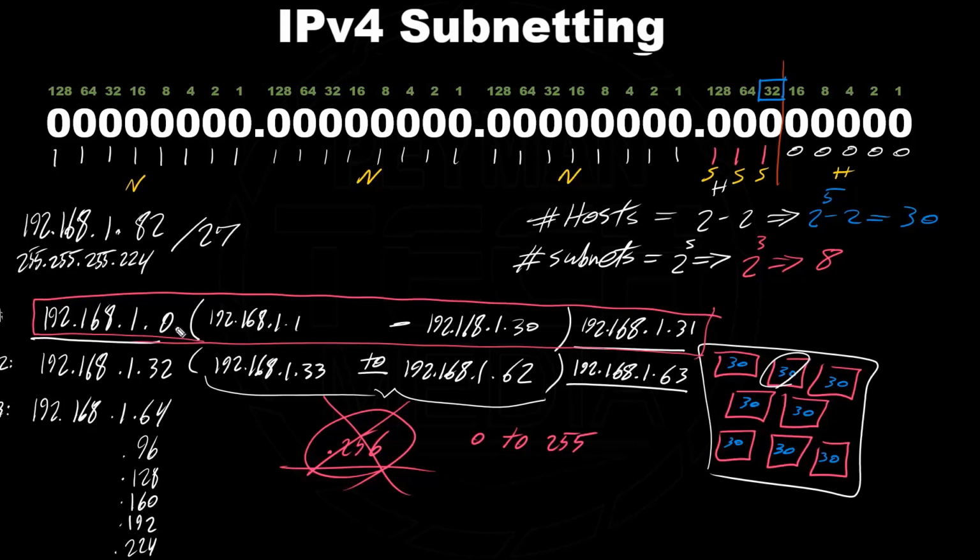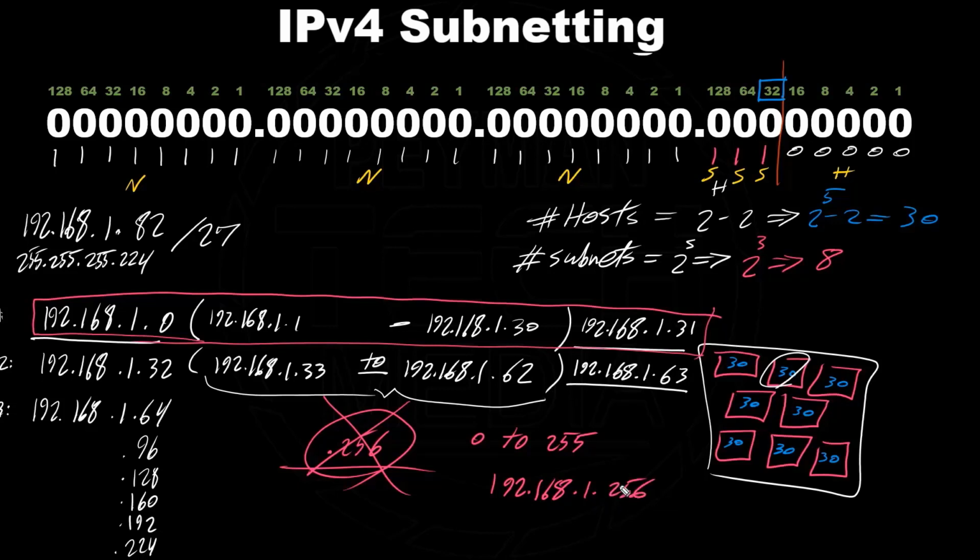So if we continue incrementing by 32, right? Earlier we talked about our network increments. When we get to 224, 224 plus 32 is 256. So what happens here is 192.168.1.256, right?